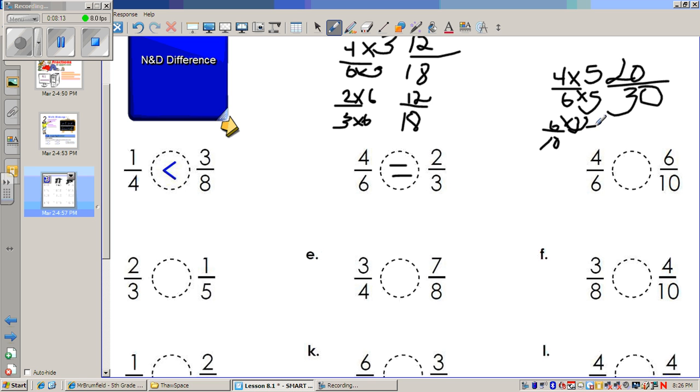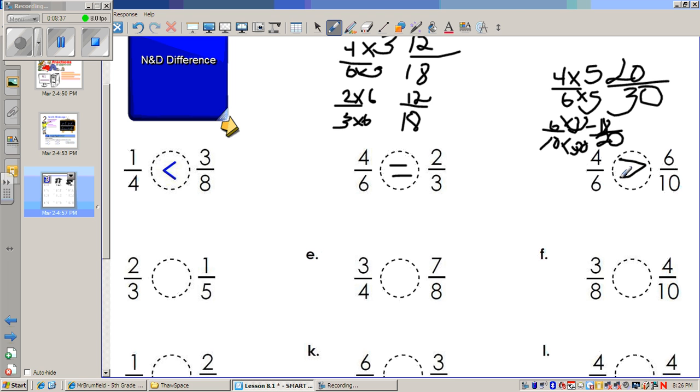So I'd have 18 over 30. Which one do I know is greater? Well, is 18 or 20 greater? Well, 20 is greater than 18. So then I know that 4/6 is greater than 6/10.